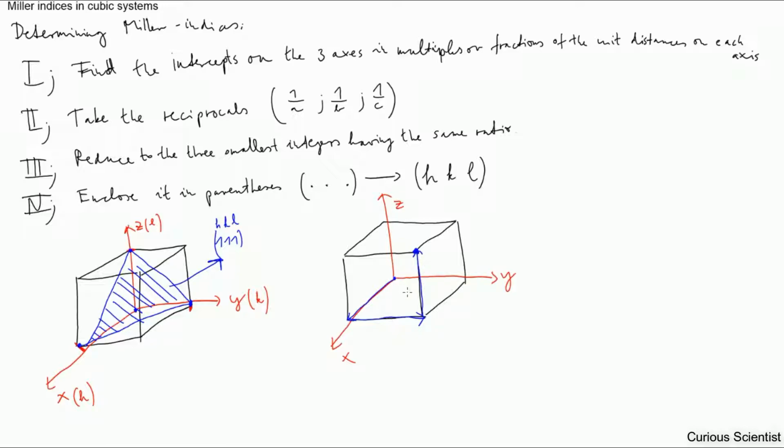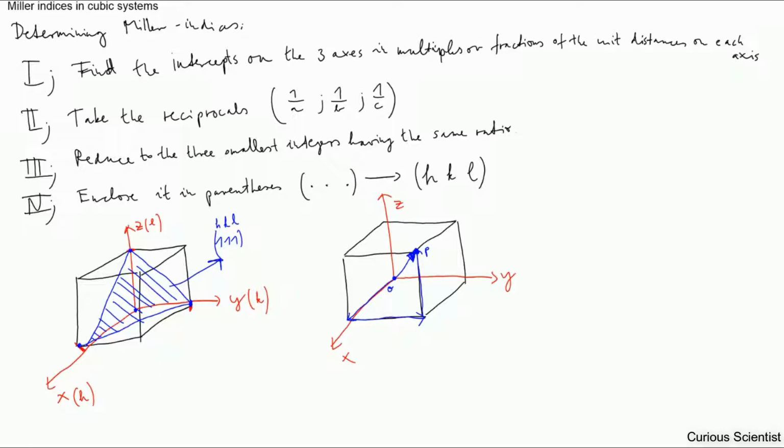So basically you will have two points. You have your initial point, let's call it O, and then you have your final point, let's call it P. If you connect these two, which now is the body diagonal, this is actually the normal vector of the plane, which in this case is the 1, 1, 1 plane.